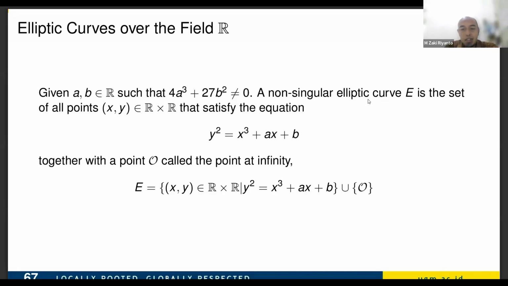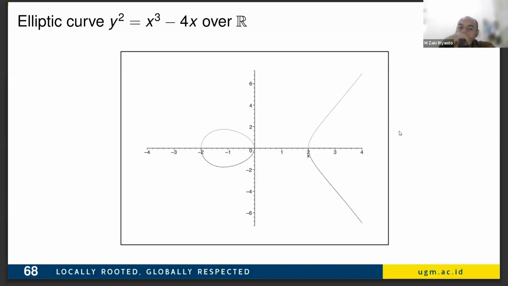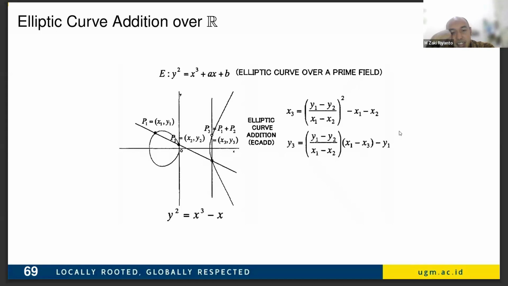So this is the elliptic curve, the set E. This is an example of an elliptic curve: y squared equals x cubed minus 4x. You can plot it using GeoGebra or MATLAB or Maple or something else. And the interesting thing is how the operation goes.